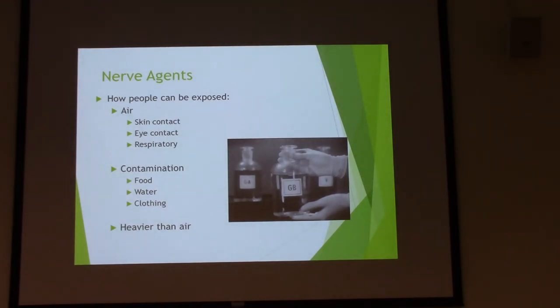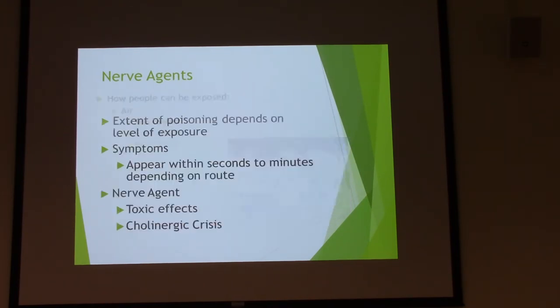And each one depends on how long you've been exposed. So if we're looking through the air, it can come in contact with their skin, their eyes, or they can even inhale it. It can come in contamination by way of food and water, and even clothing. It is heavier than air, so it's going to be at a lower level.